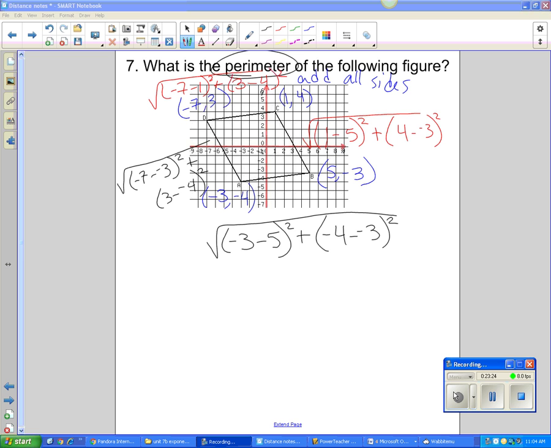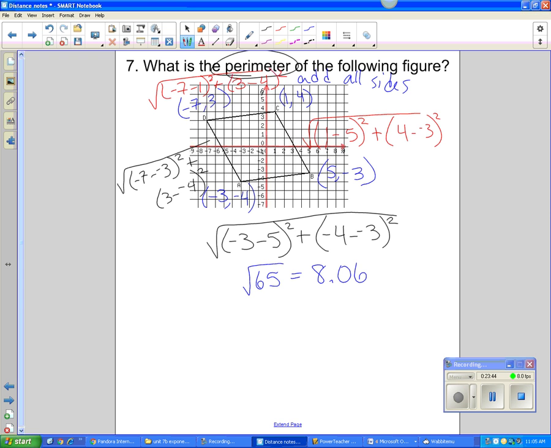Do the calculator too. How do you have to write it? Square root 65. Okay. Caitlin, have you typed in one yet? 8.06. Okay.